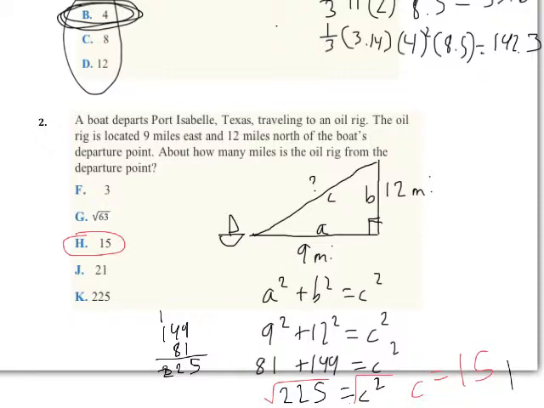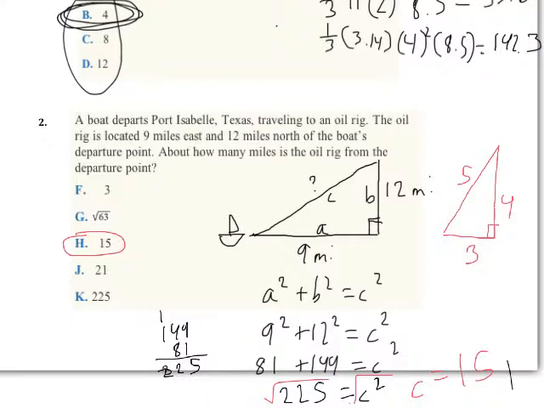Just for the fun of it, back in geometry, you were asked to memorize something that we call a 3, 4, 5 triangle. A lot of things on the ACT are based on this triangle with those proportions. 3, 4, and 5 work with the Pythagorean theorem.